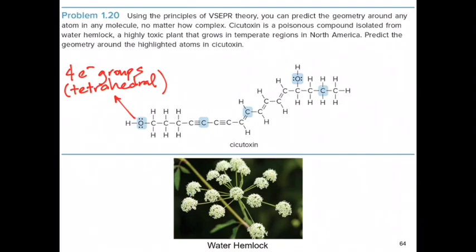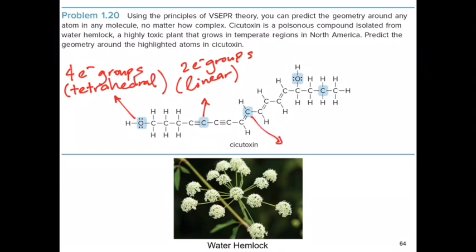All right, and this carbon right here, as you can see, has a triple bond here and a single bond for a total of 2 electron groups. And 2 electron groups equates to a linear molecule.